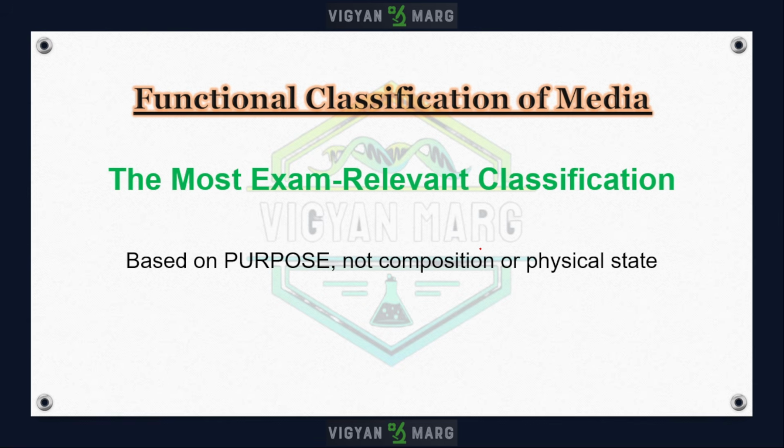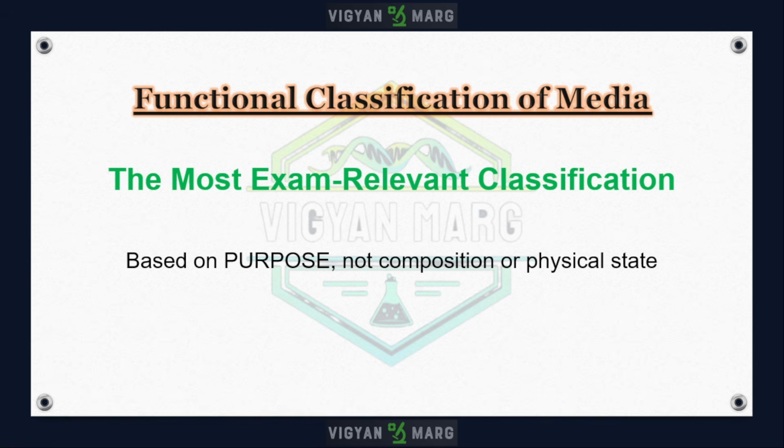Okay, and the key idea in this classification of media is that these categories are based on purpose, not on their chemical complexity or physical state. For example, blood agar is both an enriched and differential media. MacConkey agar is a selective and differential media.